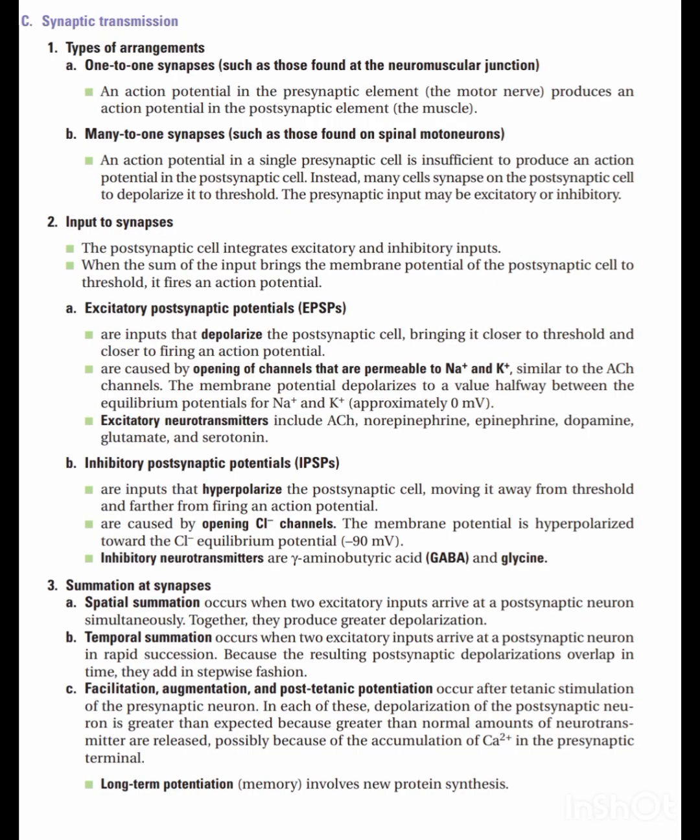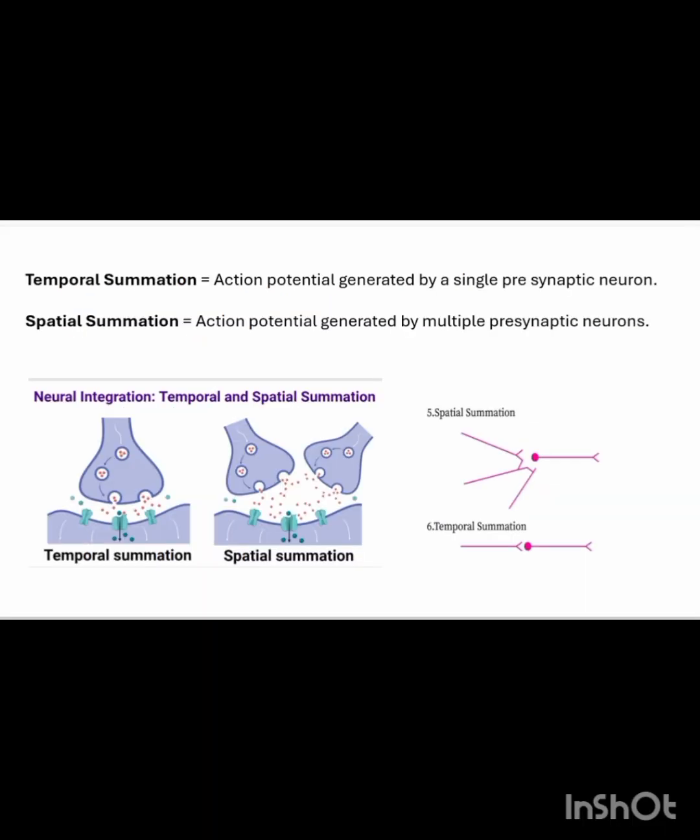Okay, and the last topic on this page is the summation at the synapses. So we have two types of summation, the spatial summation and the temporal summation. Okay, so in the diagram, consider that spatial summation is like there are many people working together.